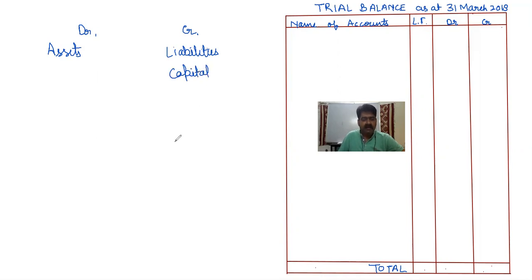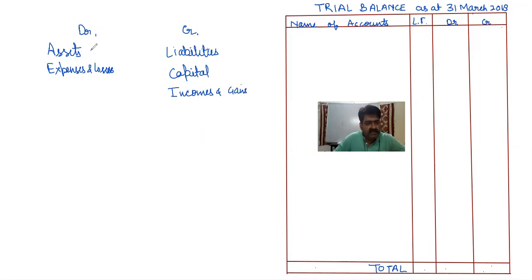Because liabilities and capital are always having credit balances, whereas assets are always having debit balances. So apart from assets, all expenses and losses will also come in debit side, and in credit side incomes and gains will come.